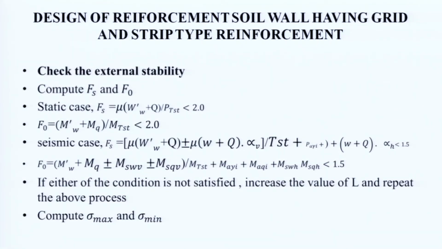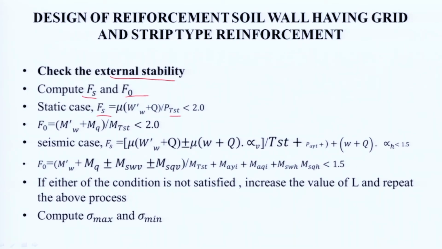Now come to check the external stability. For the external stability, we have to go for computing Fs and F0. For the static case, we have Fs equal to mu into (W dash W plus Q) divided by PAST. That should be greater than 2.